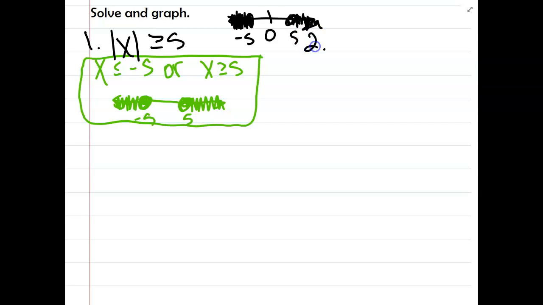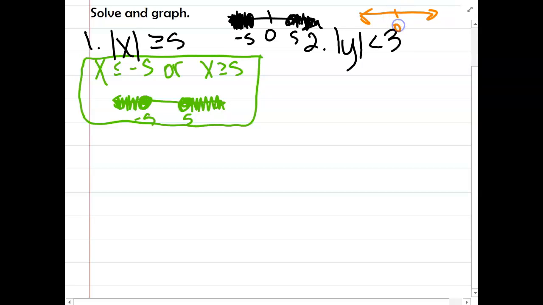Let's look at one that goes the other way. This one says the absolute value of y is less than 3. Let's do a little graph here. This is saying the absolute value of something, and it doesn't matter that it's just a y in there. This first part is going to be the same. If I have you start at 0, this time I say you have to take less than 3 steps.